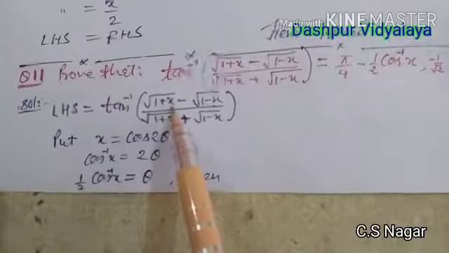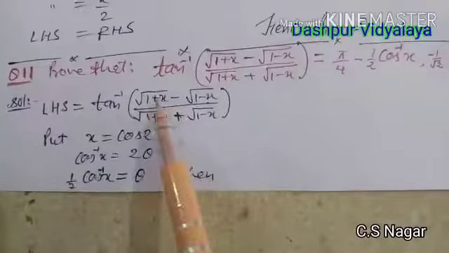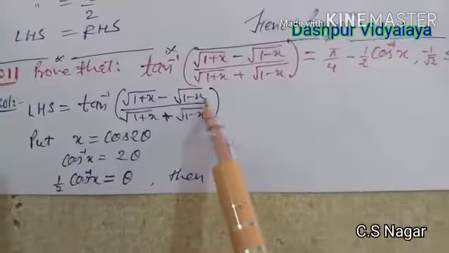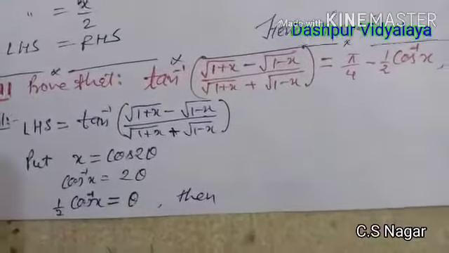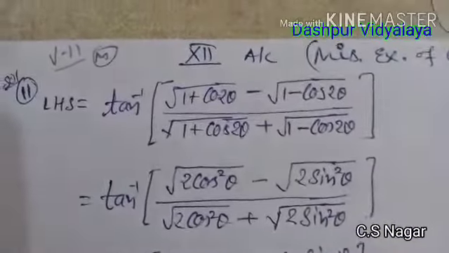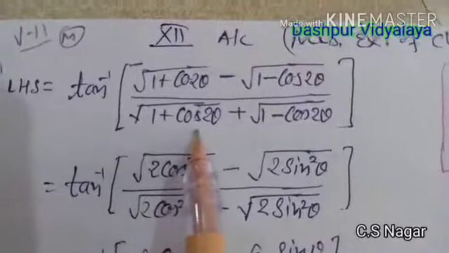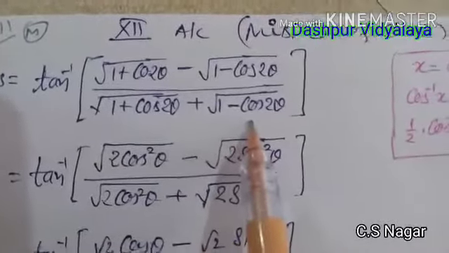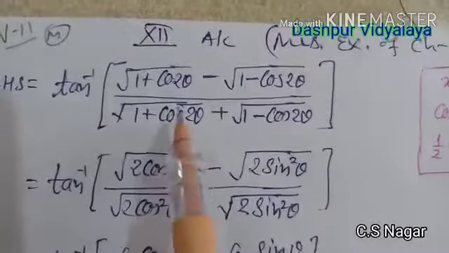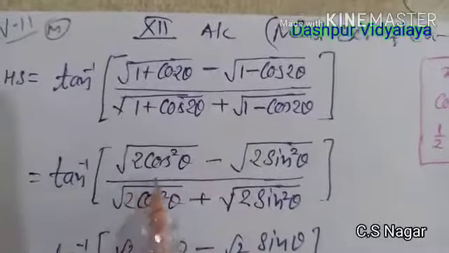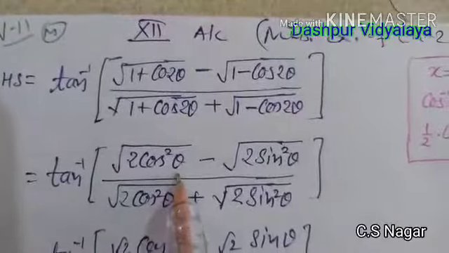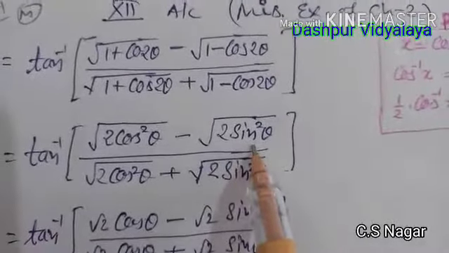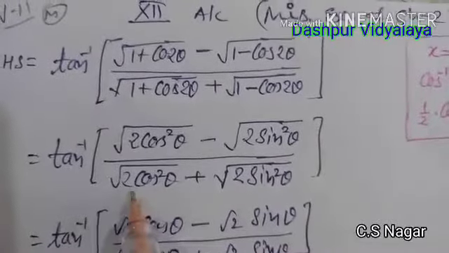So in place of x write cos 2 theta, so it will be root 1 plus cos 2 theta and root 1 minus cos 2 theta, and same in its denominator, root 1 plus cos 2 theta plus root 1 minus cos 2 theta. 1 plus cos 2 theta it will be 2 times cos square theta, and 1 minus cos 2 theta it means 2 times sin square theta, same in its denominator.